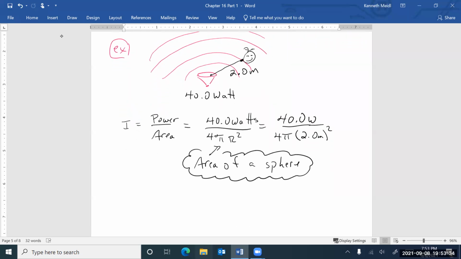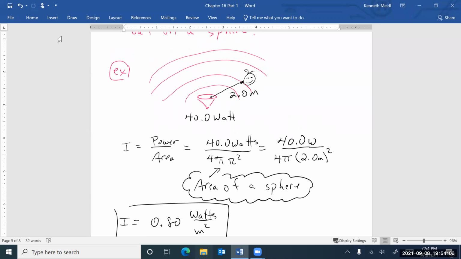I think I'm getting something like 0.8 watts per square meter. To me, this is pretty loud, right? 1 watt per square meter is about 80% of the way there and can cause pain. So even indoors, a 40-watt speaker hitting you with full energy can be quite a bit.